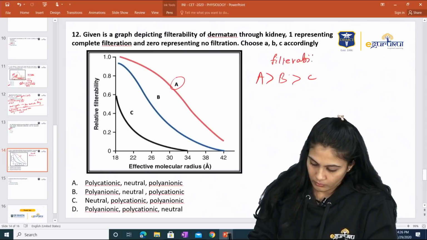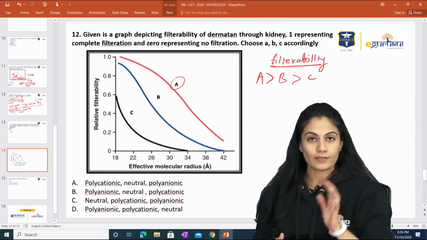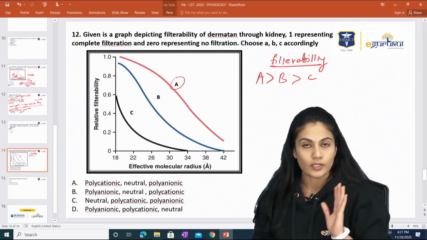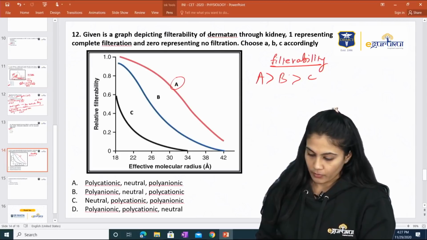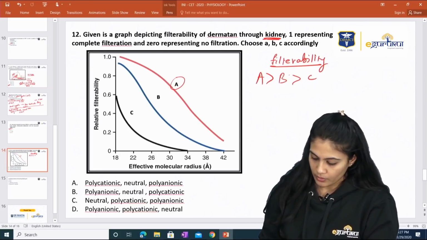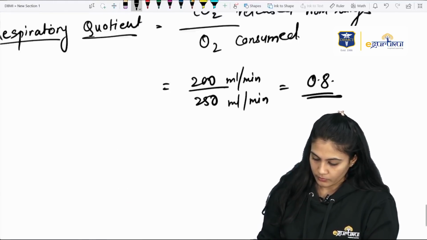What we have to know is the structural format of the nephron, the glomerular filtration membrane, because we are talking about the kidney and filtration occurs at the glomerular filtration membrane, right?